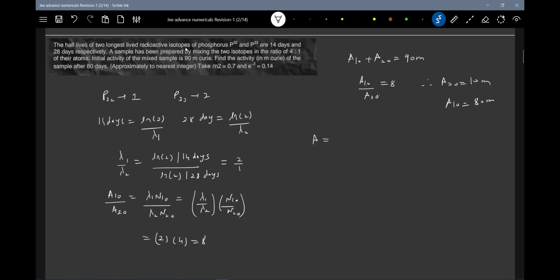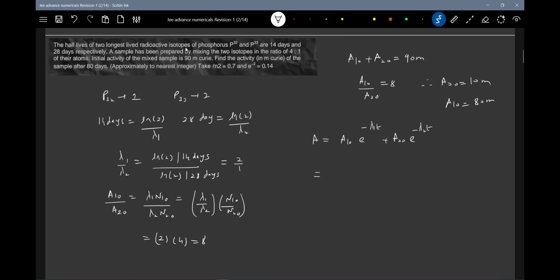So what is the activity of this sample? It will be A10 e to the power of minus lambda t. What is lambda 1? Log 2 by 14. The time is 80 days. There's a reason why I didn't convert into seconds here, so it will be very easy for us to simplify.